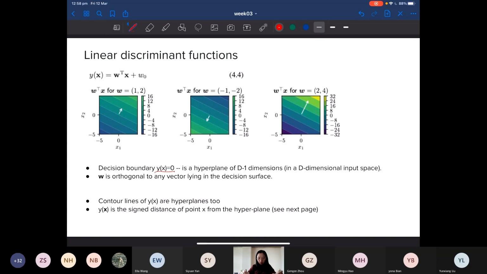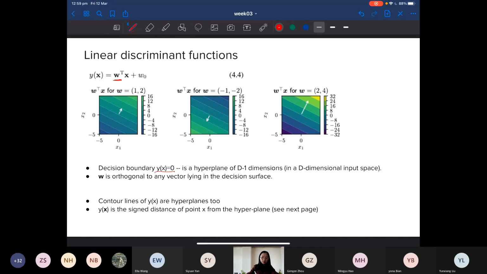It's a plane of d minus 1 dimensions when the input is in a d-dimensional space, a hyperplane. So the intuition here is about the weight vector w. If we don't consider the bias term, the weight vector is perpendicular to the decision surface.